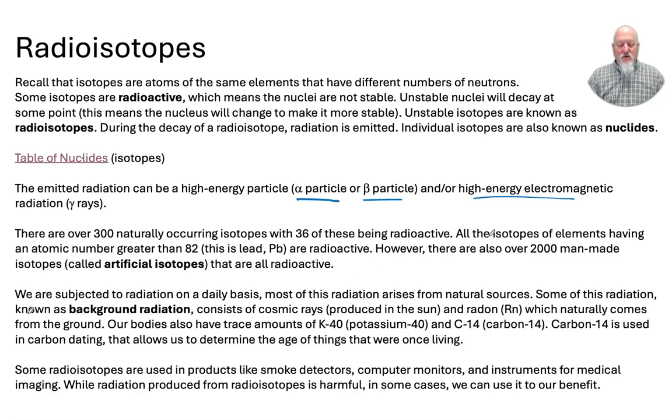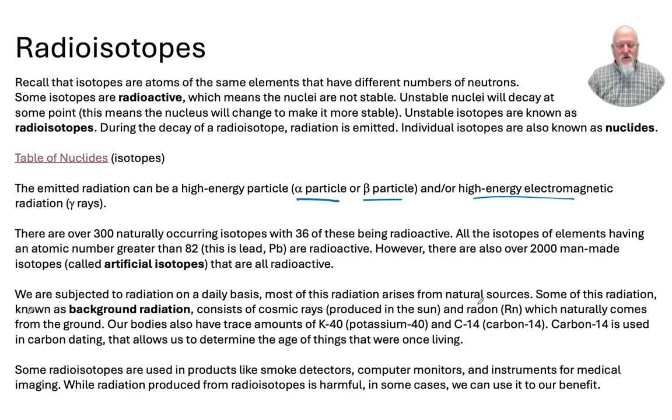All the isotopes of elements having an atomic number greater than 82 are radioactive. So if we look at lead, anything bigger than lead is basically radioactive. There aren't any stable isotopes after lead. There are over 2,000 man-made isotopes, and most of those are radioactive, and those are called artificial isotopes.